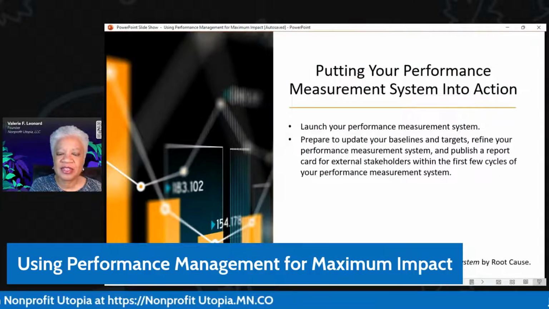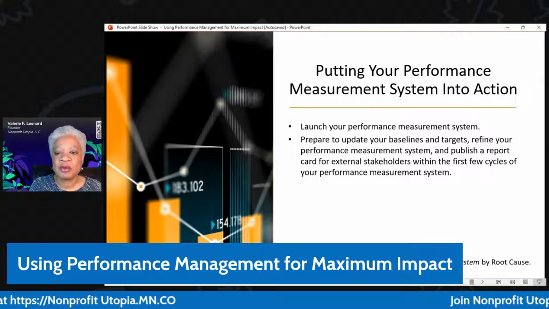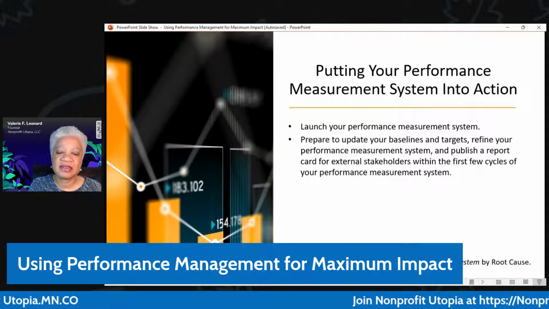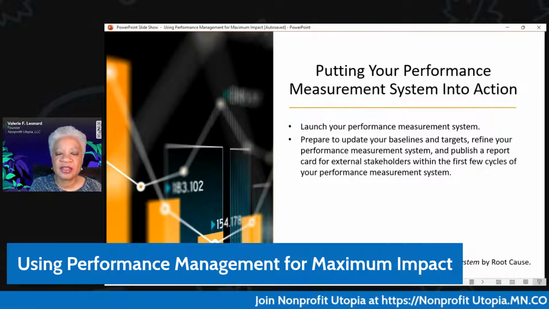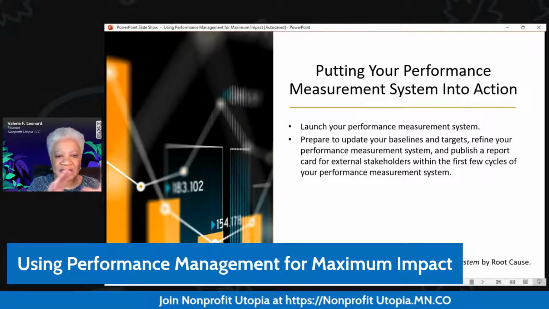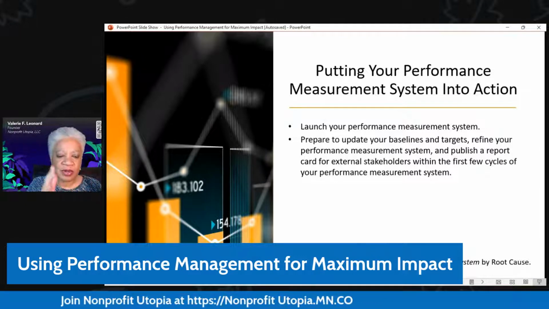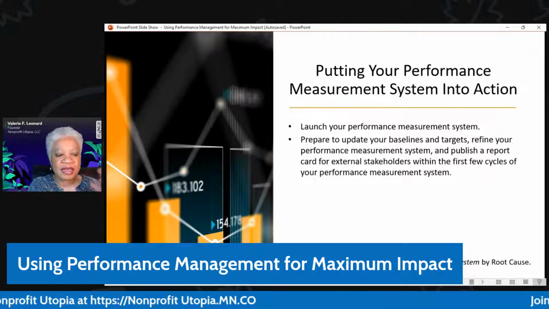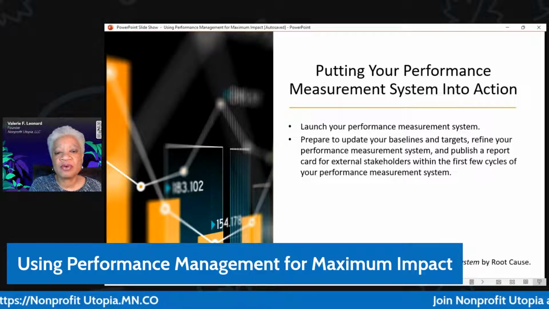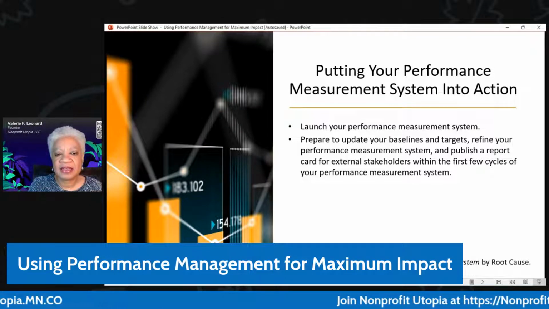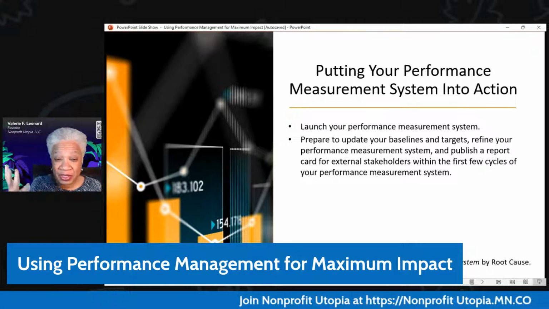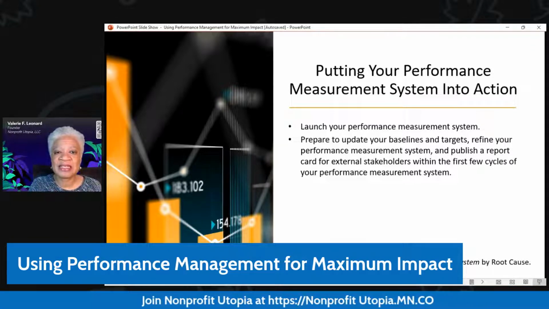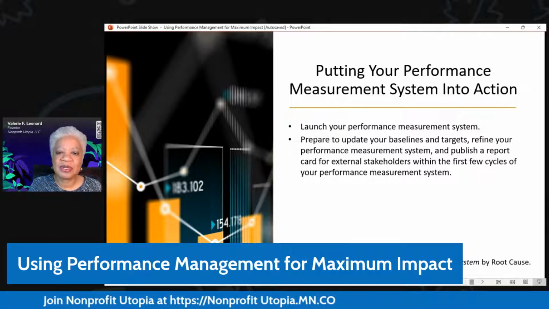All right. So the next thing you want to do is put your performance measurement system into action. So after you have designed your dashboard and your scorecards, and after you figured out what data you're going to collect, who's going to be responsible, just basically putting your whole system in place, it's time to actually put it into operation.